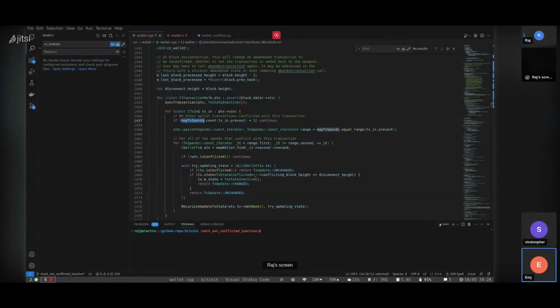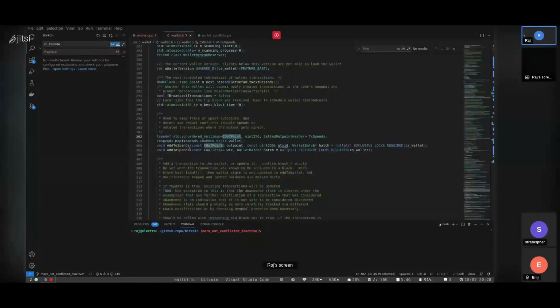Yeah, so inside this map, if the count of this previous output, okay, so this is a map, and the map key is an COutPoint given a transaction hash.